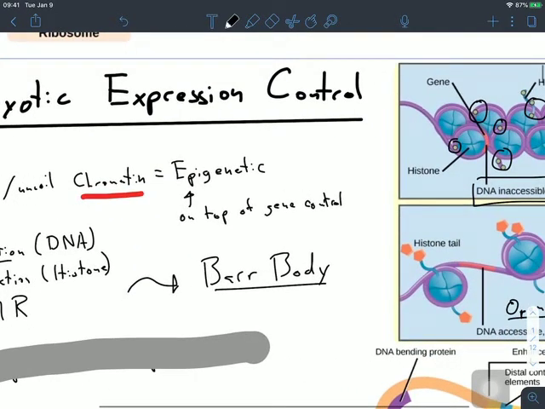Now the Barr body happens to be the specific name of one of the 2 female X chromosomes. Now you'll notice females in humans are XX, males in humans are XY. We've talked a lot about gene dosage and how you're going to want to get the correct number of chromosomes in an organism in order to not have things go poorly.